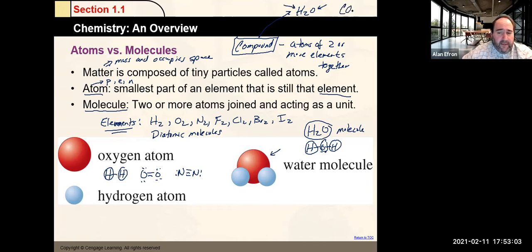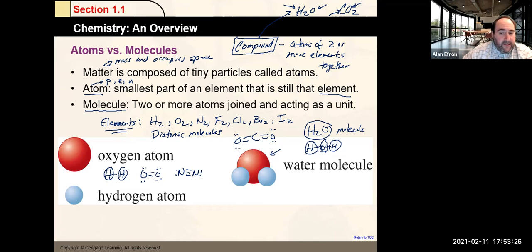Something like carbon dioxide would also be a molecule because it is the combination of 2 or more atoms that are together. But it is also a compound because there's a carbon element involved and an oxygen element involved as well.